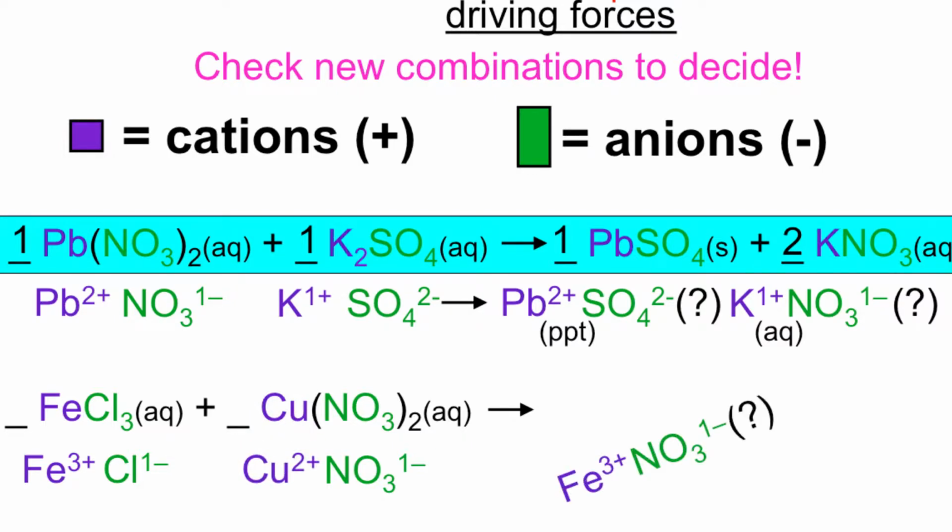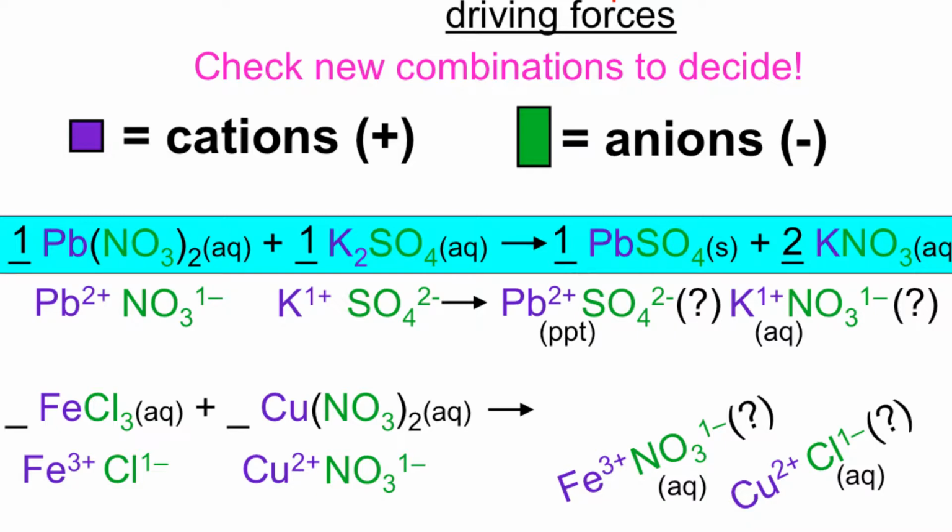It'll form, by double replacement, iron 3 nitrate and copper 2 chloride. Well, what would you put by the question marks? Are they aqueous or are they precipitates? Iron nitrate's aqueous because all nitrates are aqueous. Copper chloride is also aqueous.